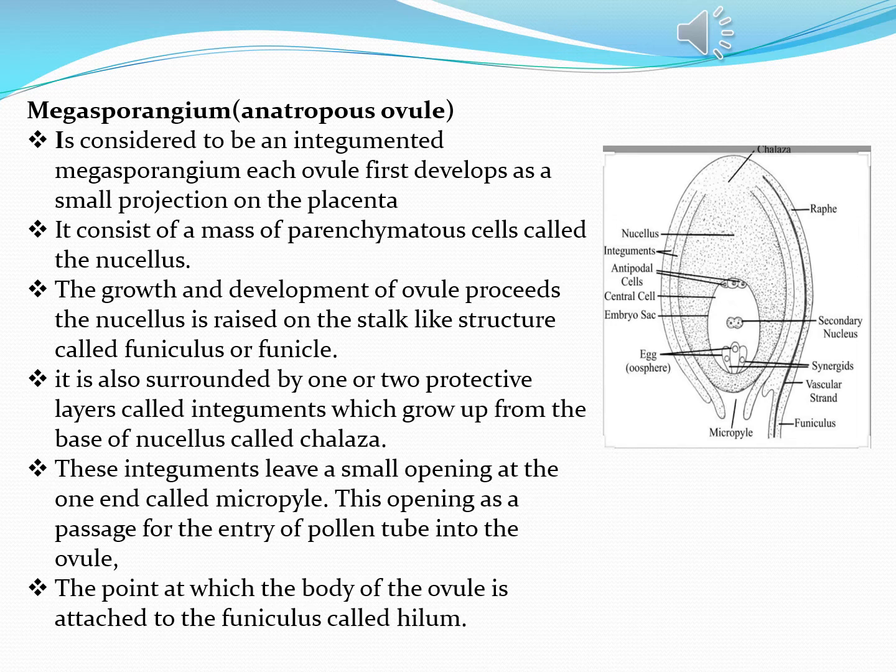Earlier, the ovule consists of a mass of parenchymatous cells. Before complete development of the ovule, it initially consists of a mass of parenchymatous cells called the nucellus. As the growth and development of the ovule proceeds, the nucellus rises on a stalk-like structure.